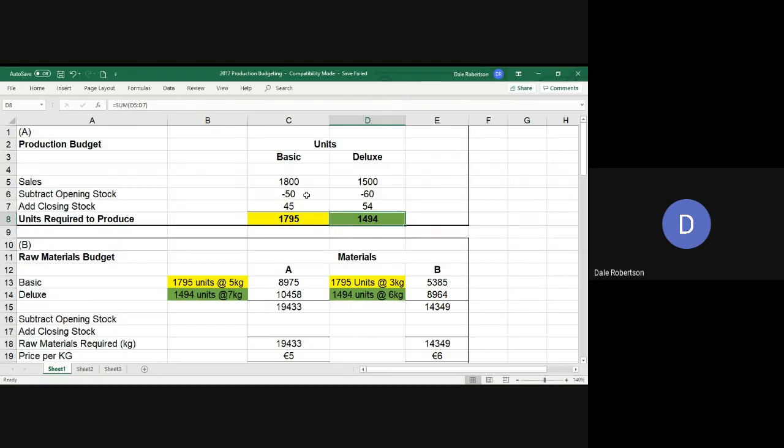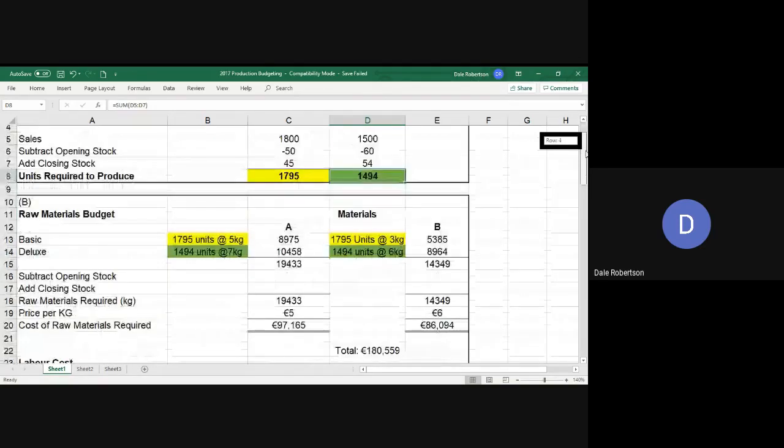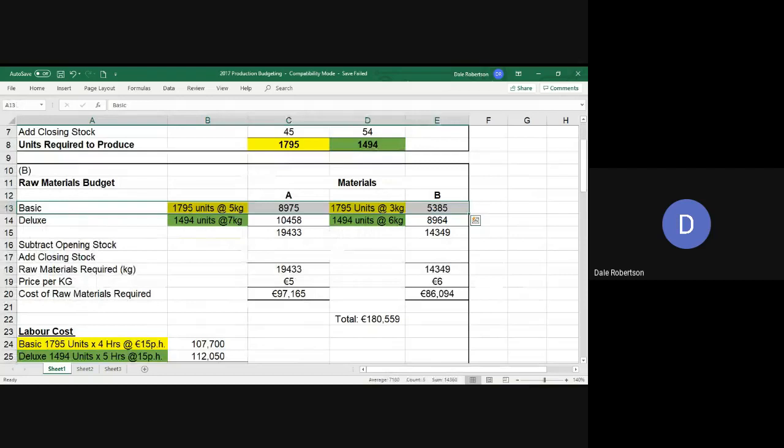Now, part B then, I've color coordinated this to make sure that people can see the correlation. But part B is going to ask you the raw materials and what is required. So, in order to make a basic product, I'm just going to read horizontally here, you need 5 kilos of material A, and you need 3 kilos of material B, and that is coming directly from the center box in the question.